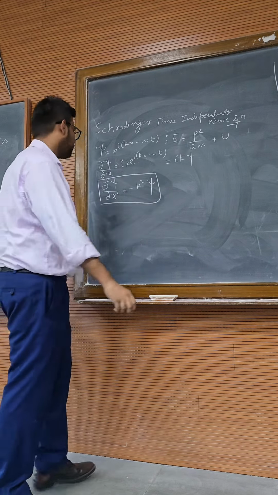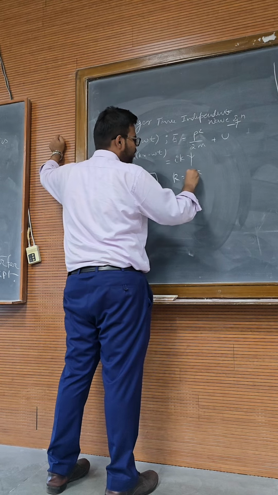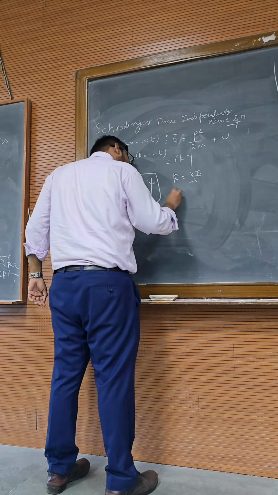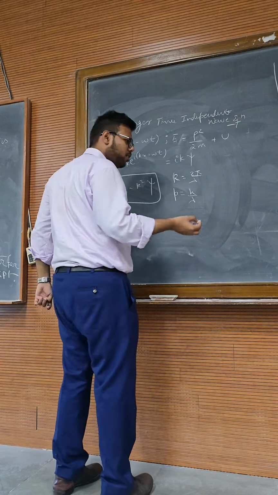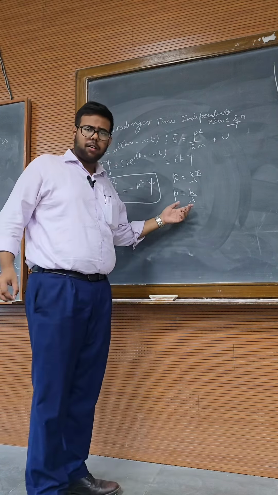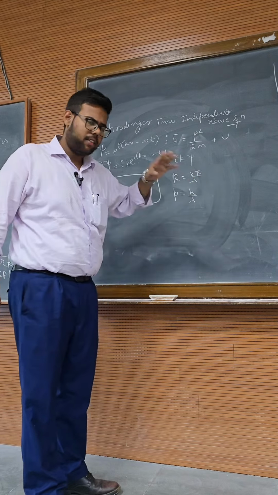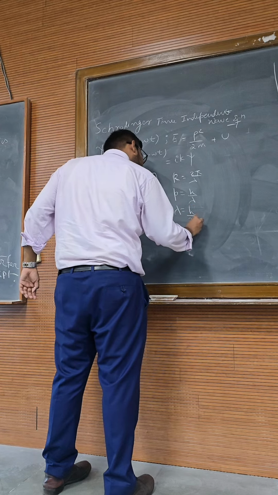Now notice that k is equal to simply 2 pi by lambda, and you know that momentum is equal to h upon lambda, the momentum of the waves, or simply from the de Broglie hypothesis also you can say it. So lambda is equal to h by 2 pi.